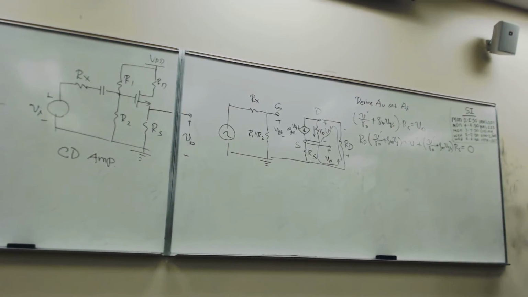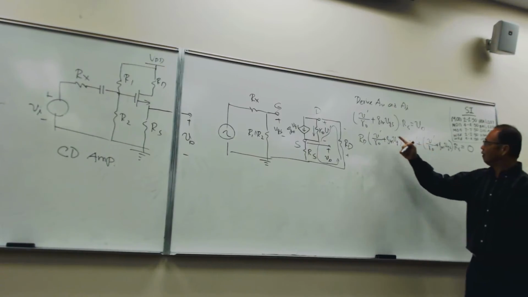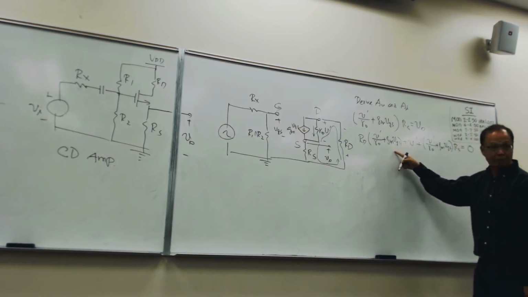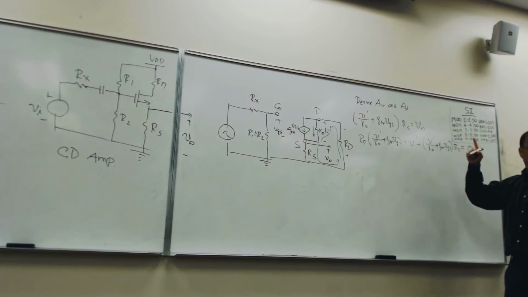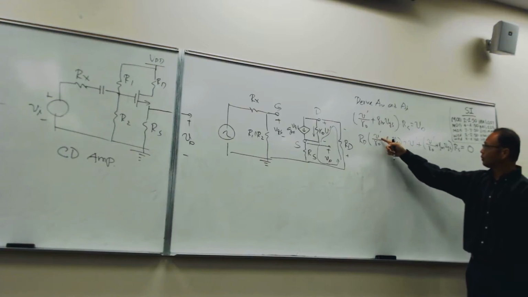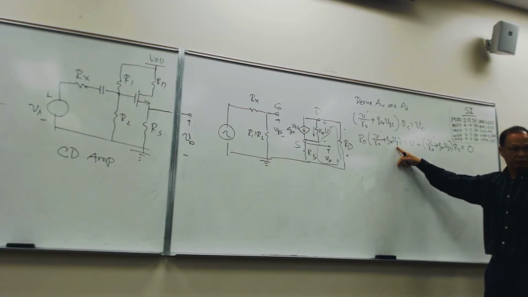So now you can see we have V sub prime and VGS, right? So now I can try to get an expression for V sub prime as a function of VGS from here, right?